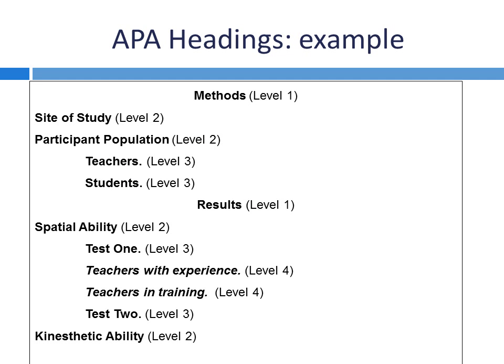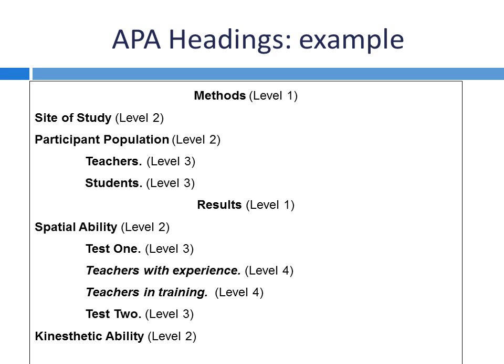So, what do these levels of headings actually look like in a paper? How does this actually work? As we see here, this is a basic outline for a paper. The level 1 headings are centered and in bold, and we can see that they're labeled methods and results. The other levels of headings are labeled and placed in their appropriate places.